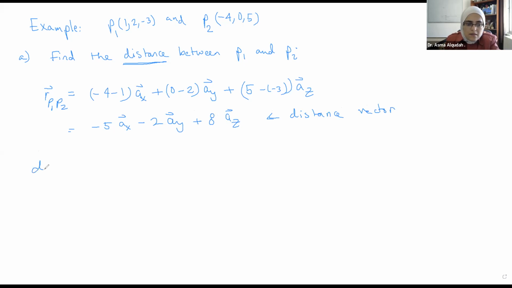Now the distance d between P1 and P2 is equal to the magnitude of the distance vector, which is equal to the square root of 25 plus 4 plus 64, which is equal to the square root of 93.